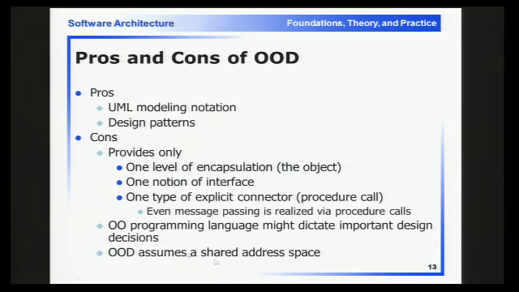But choosing an object-oriented programming language might dictate some important design decisions, because each programming language has its own implementation limits. For example, Java has very strong, very strict typing requirements. Those things may restrict your view and your methodology for designing your system.